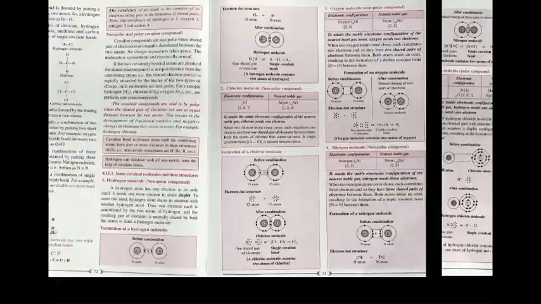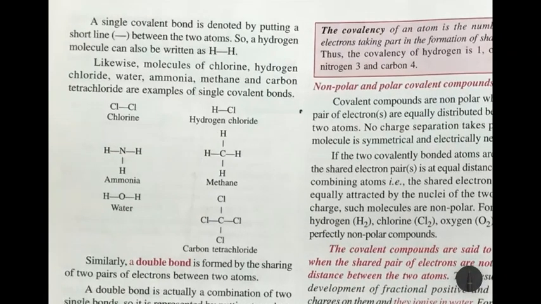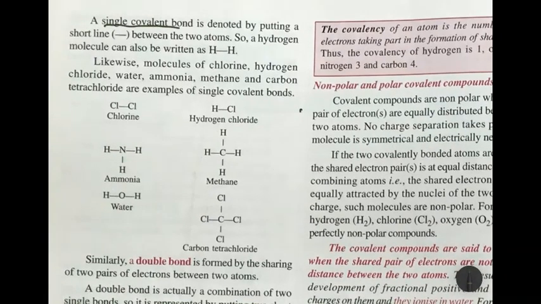Let's take a look here. When we talk about a single covalent bond, we put a short line between the two atoms. Hydrogen shares 1 electron, so there is a short line between them.